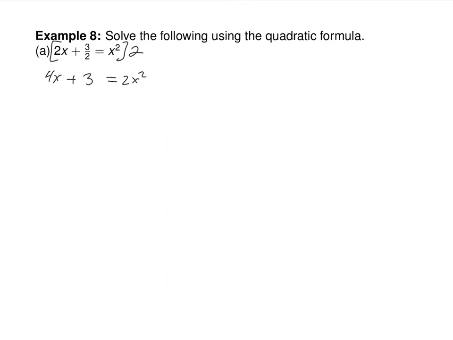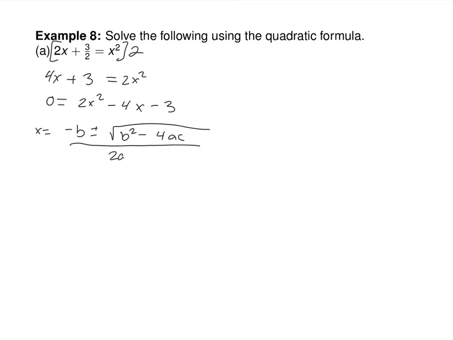Out of habit, I tend to move everything to the side with the x squared and keep the x squared positive. 2x squared minus 4x minus 3, although it will work the other way as well. See what I did there? Took away 4x, took away 3. Okay. So negative b plus or minus square root b squared minus 4ac all over 2a.